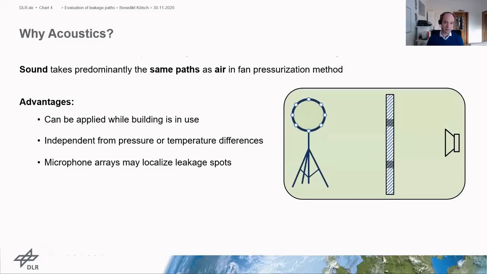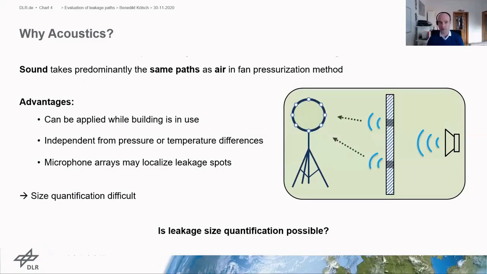Further, microphone arrays, for example, as seen here on the right side, may have the potential to localize leakage spots. But size quantification is still very difficult, so I'd like to answer the question if it might be possible to quantify single leaks with acoustic methods.